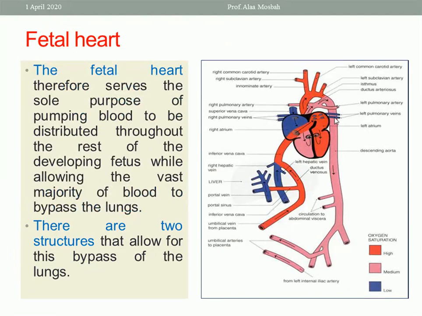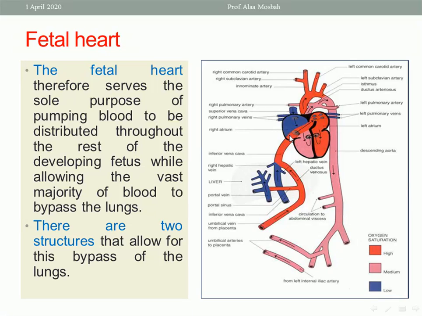So the fetal heart serves the sole purpose of pumping blood to all organs, to the systemic circulation, and they bypass the lung, because I don't need the blood to go to the lung, as the lung has no function yet to carry oxygen, because the placenta does this job.